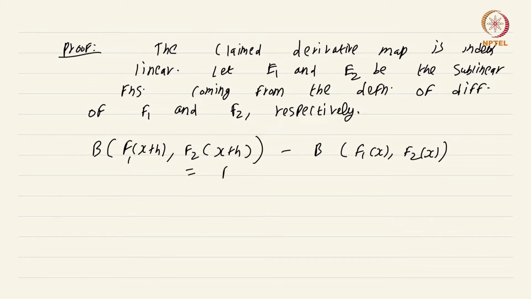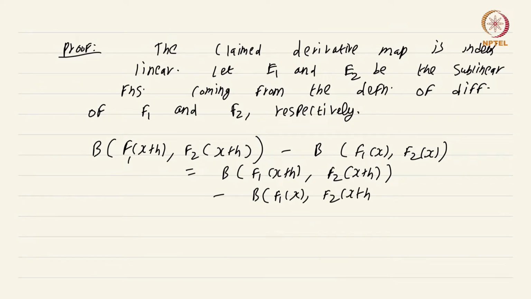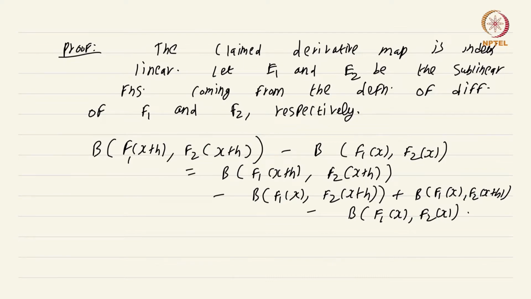So we just write B of f1x plus h, comma f2x plus h, subtract B of f1x, comma f2x plus h, then add back this term which is B of f1x, comma f2x plus h, and finally we add the original minus B of f1x, comma f2x. So this is the standard add and subtract, the combination of the quantities that you require.